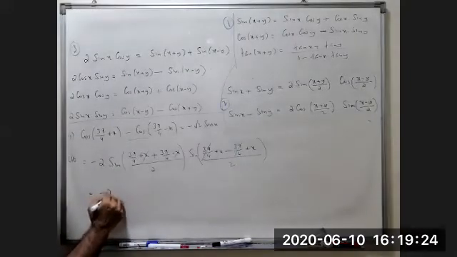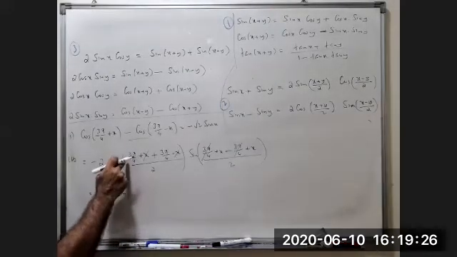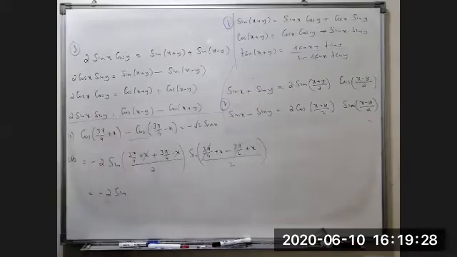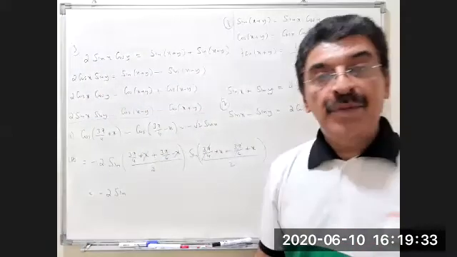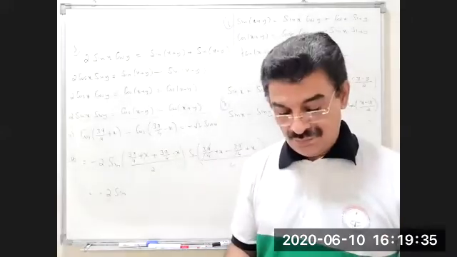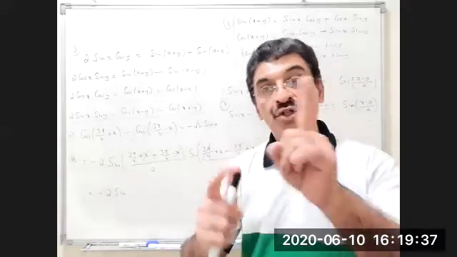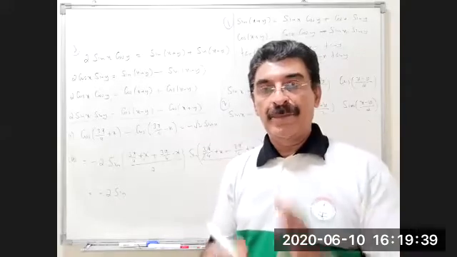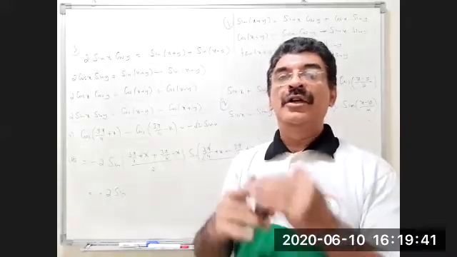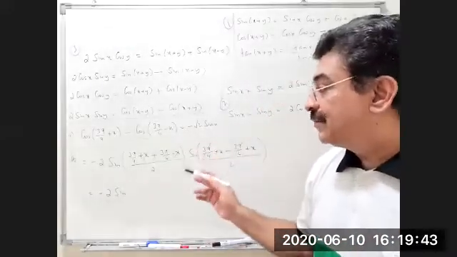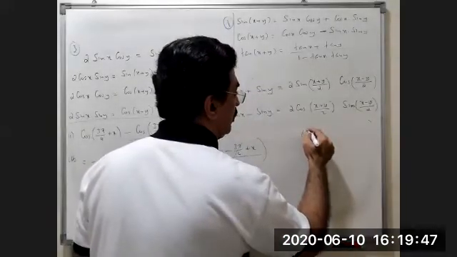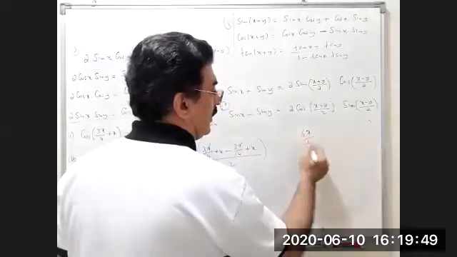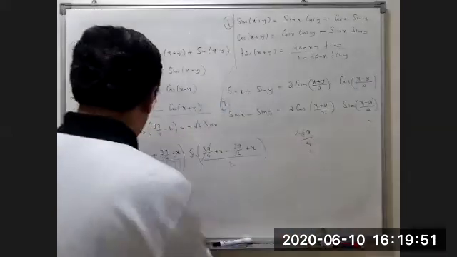Left out is minus 2 sin of (3π/4 + 3π/4)/2. 3π/4 plus 3π/4 is 6π/4; cancelling by 2, this is 3π/2.